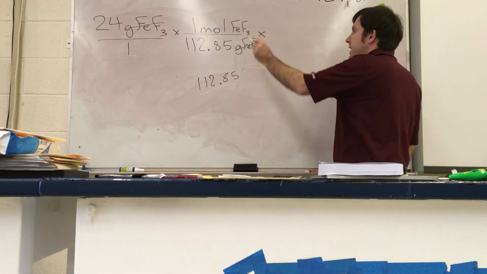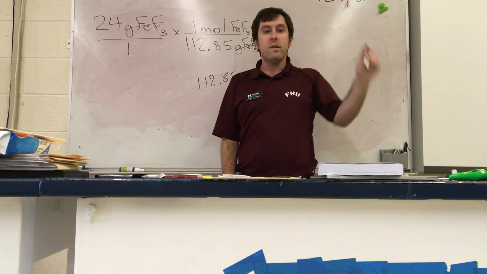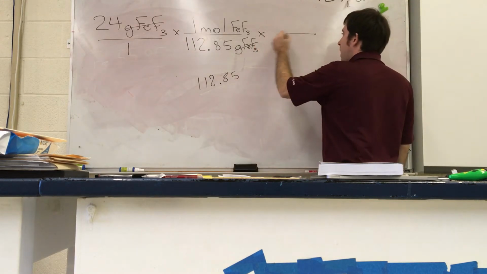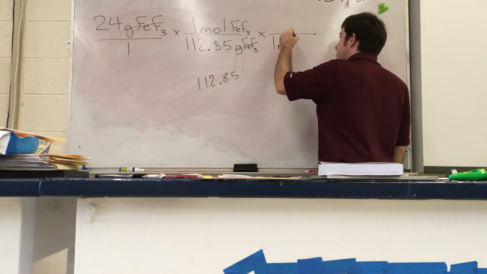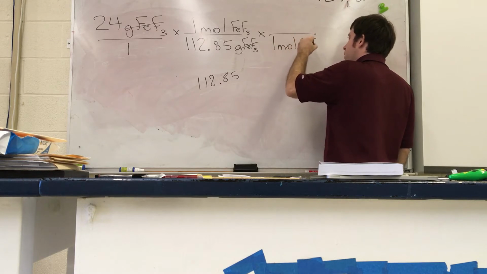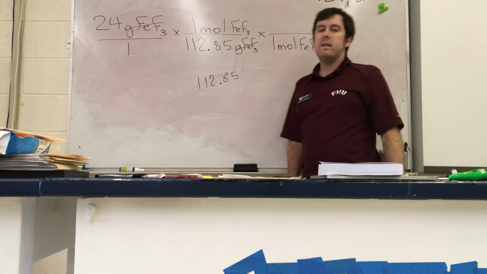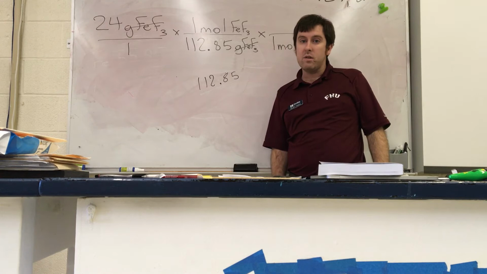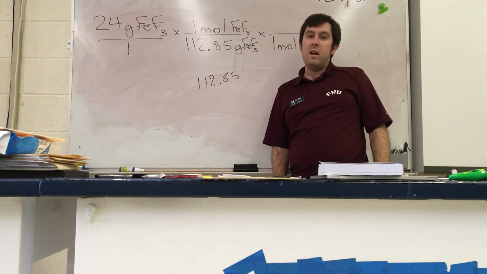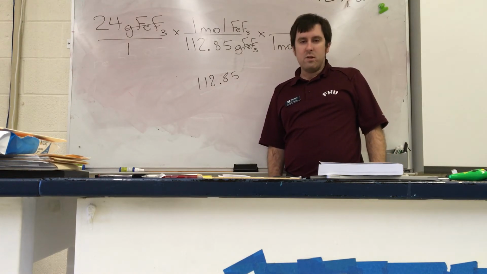Times, now we need to go from moles to molecules. Well, 1 mole of iron fluoride is how many molecules? If you'll recall, the answer to that is Avogadro's number.